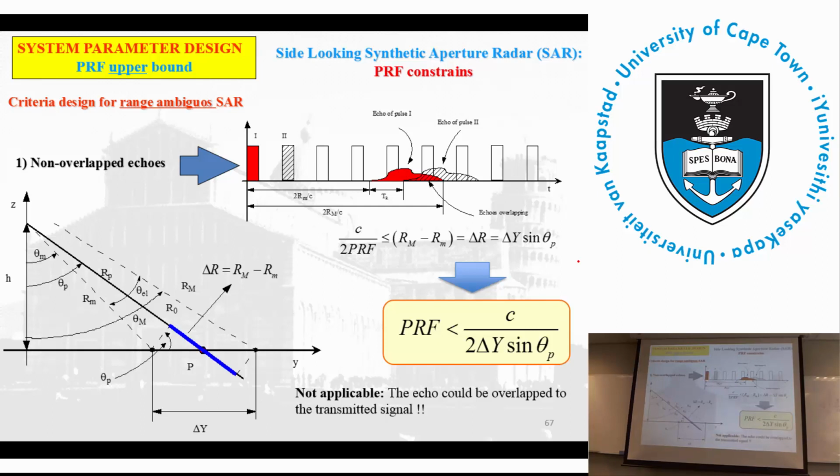And why is that? You can't receive when you transmit. Exactly. So not only do I have to make sure that these two echoes do not overlap, but I also have to add another condition, where this doesn't overlap with the echo.